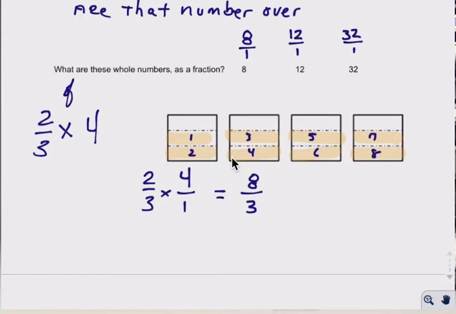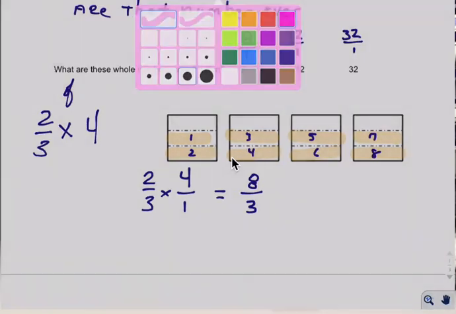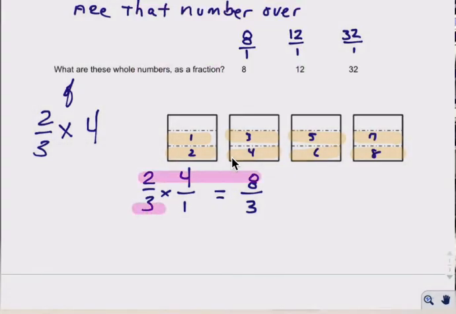So when we're talking about multiplying fractions, what do you notice when we look across here and here? If you look closely, we have 2 times 4 is 8, and 3 times 1 is 3. If you saw that, or if you see that now, then you've just realized that multiplying fractions is pretty easy.